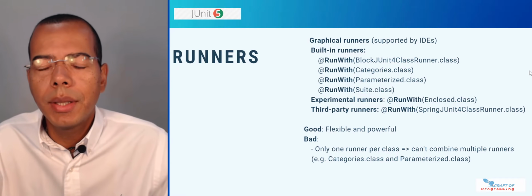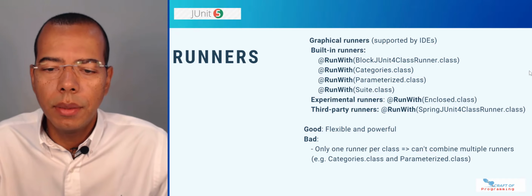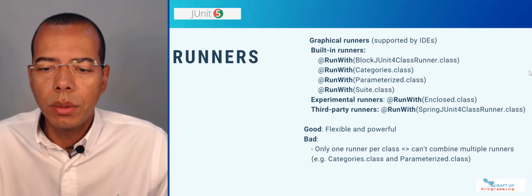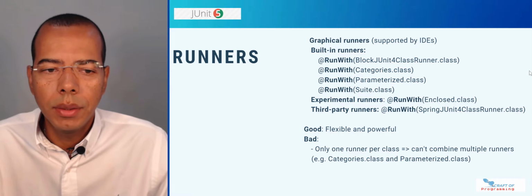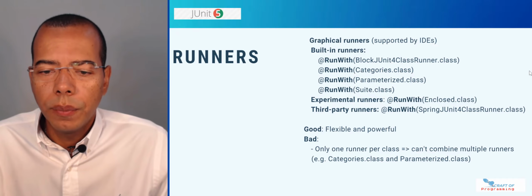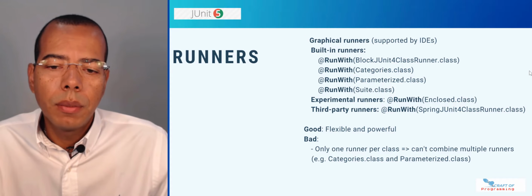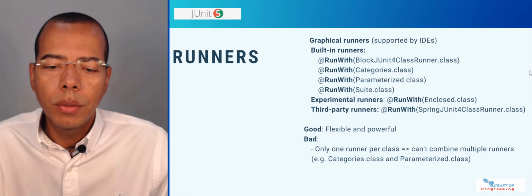We had parameterized tests, suite of tests, and also experimental runners with the enclosed, and obviously third-party runners. And this was a way that third-party tools, like for example Spring, could integrate with JUnit via this runner mechanism. So it was flexible in a way, and it was powerful because you could do all of those things.